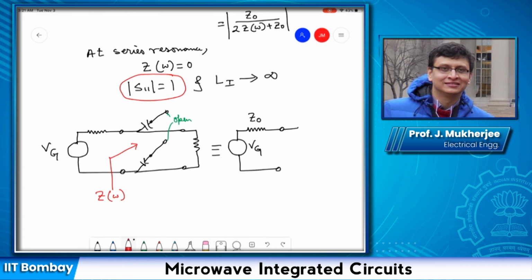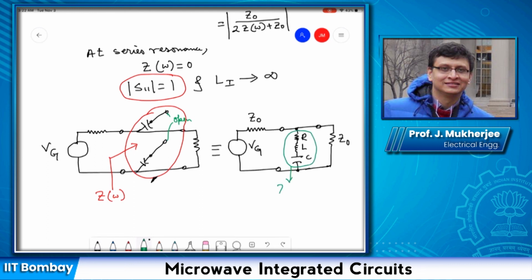This shunt resonator, which is connected in shunt, can be modeled as a series resonator in shunt near the resonance frequency, like this. And this whole thing is an impedance Z of omega.